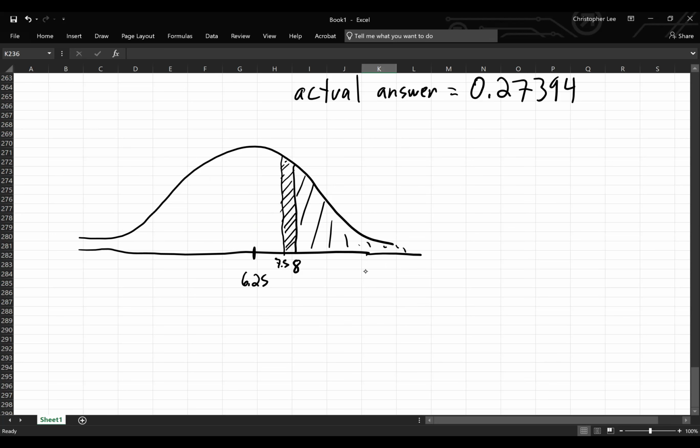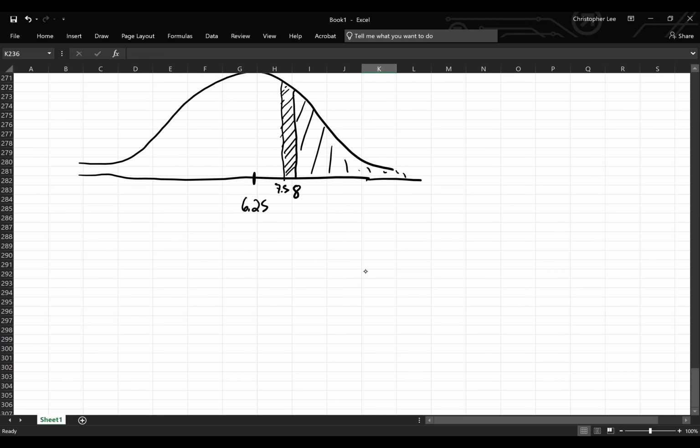That will make my answer a better approximation. So instead of the 8, I do 7.5. So let's look at that. I want to do the probability of X greater than or equal to 7.5. Let's try this now.